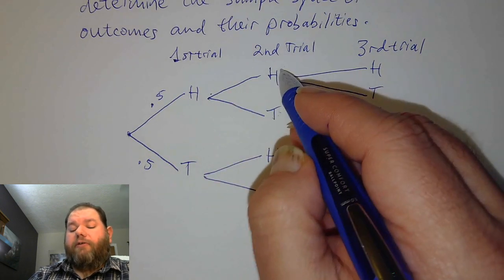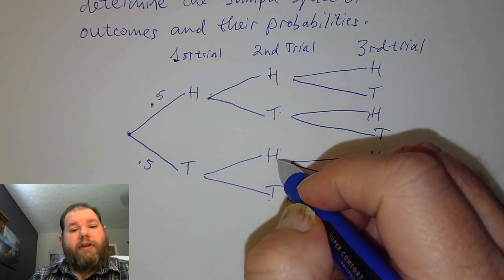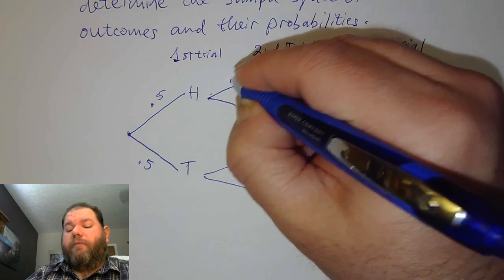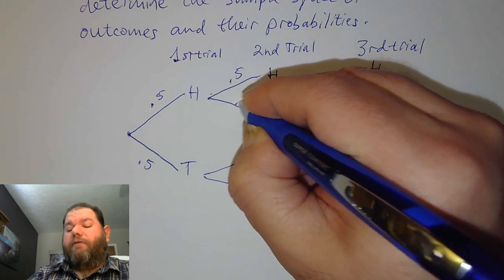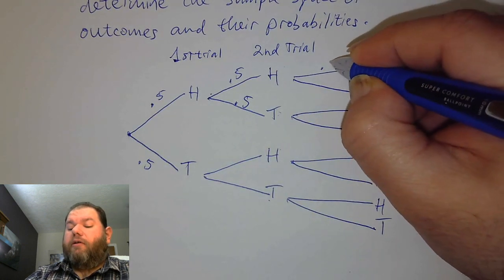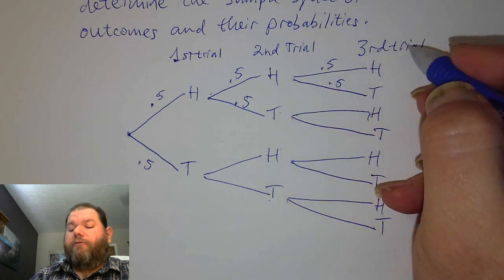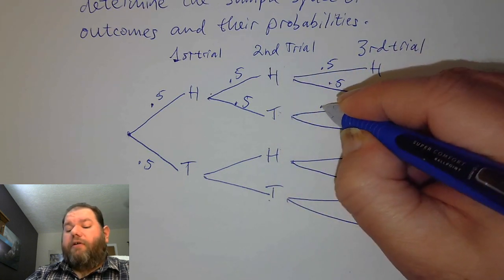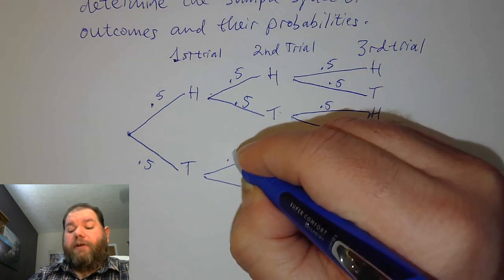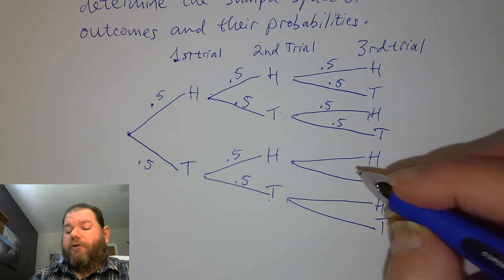On our second toss, even though we landed on heads, that does not influence whether it lands on heads or tails the next toss. So 0.5 and 0.5. And that repeats all the way down. Each time we toss the coin again, it's still an equal chance of 0.5, or 50%, of each outcome occurring again.